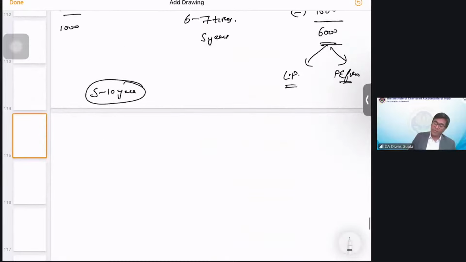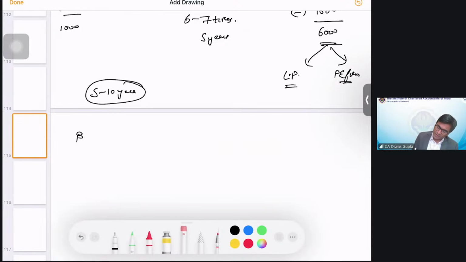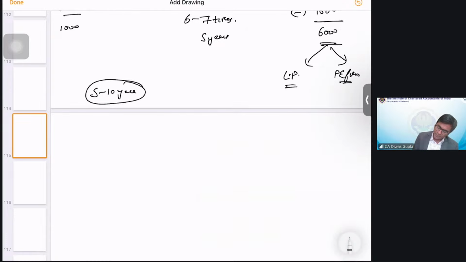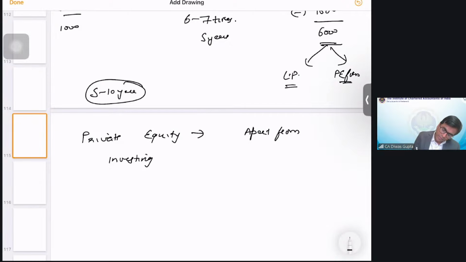Let me tell you one more thing. A private equity, the way they function is, even apart from investing, they will provide governance to the startup.